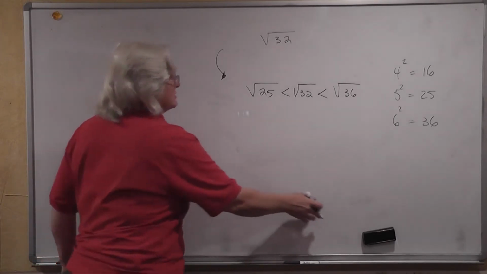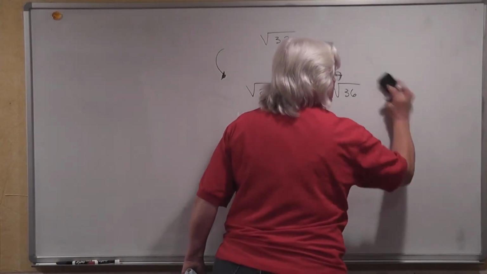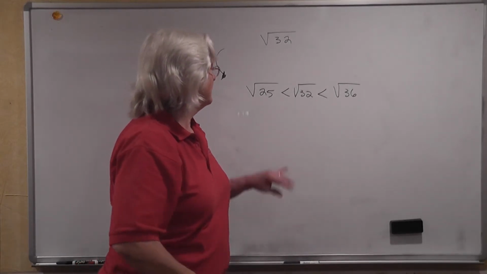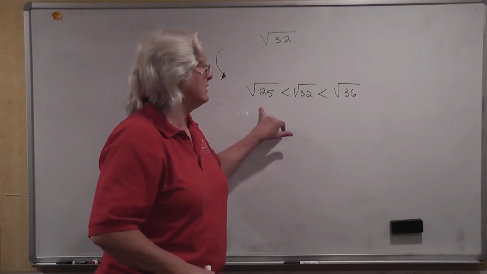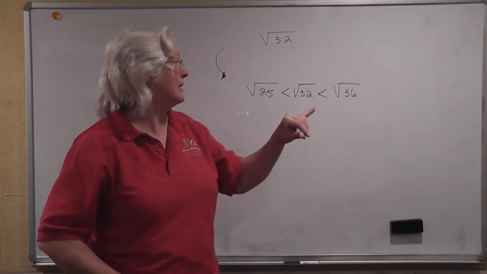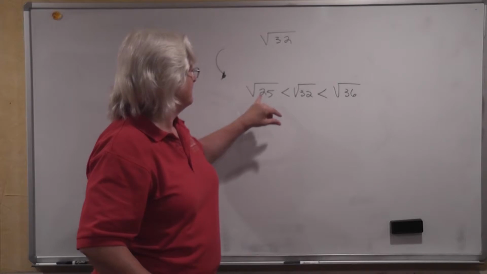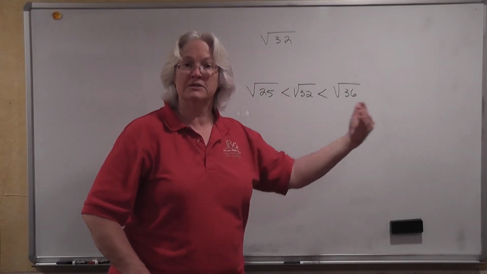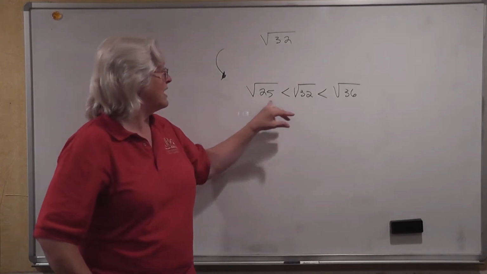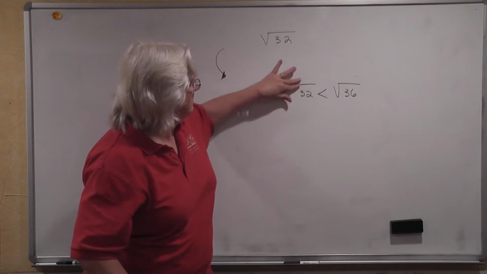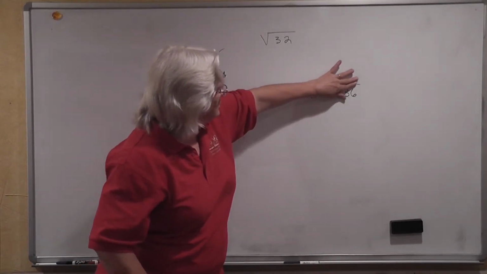Does that make sense to you? 2 is less than 3. 3 is less than 4. It doesn't matter if you say 2 times 3, 3 times 3, 4 times 3. As long as you're applying the same operation to a number, they still stay in the same order, right? 25 is less than 32. 32 is less than 36.